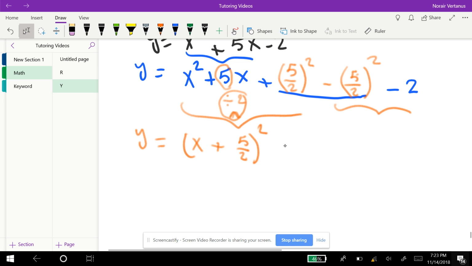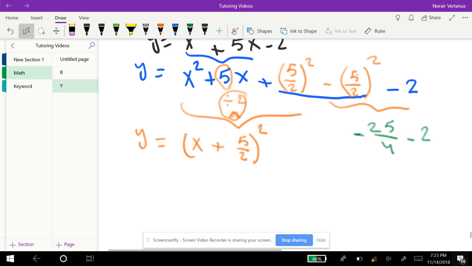I'm going to combine these and I'm going to put them here. What is that? Negative 25 over 4. So let's go to a different color here because I'm doing these two. And this is what I do. That's negative 25 over 4 minus 2.